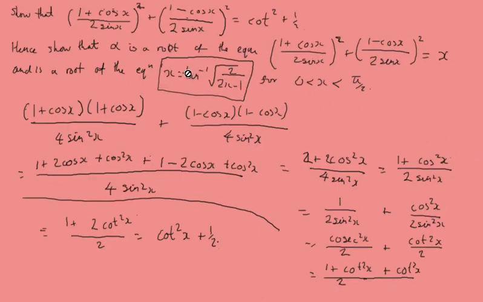So we need to find the root. Now, we derived x from cot squared x plus a half. We can find the root of this, alpha, and it will also be a root of this equation here.